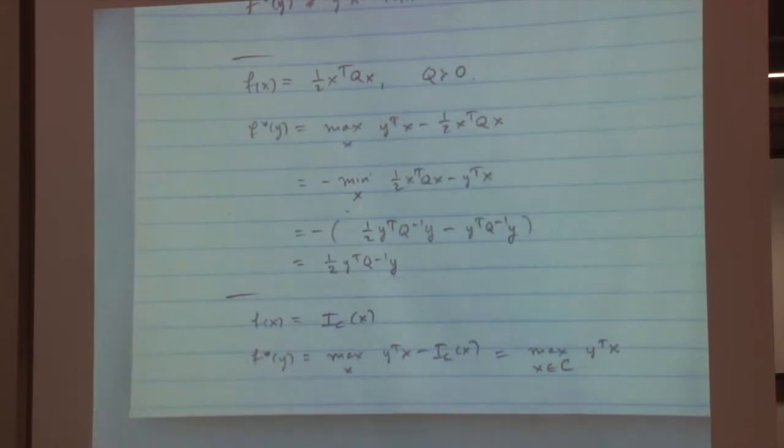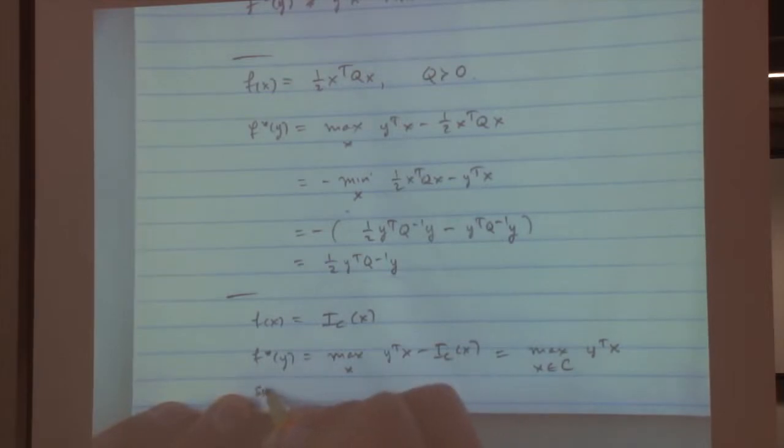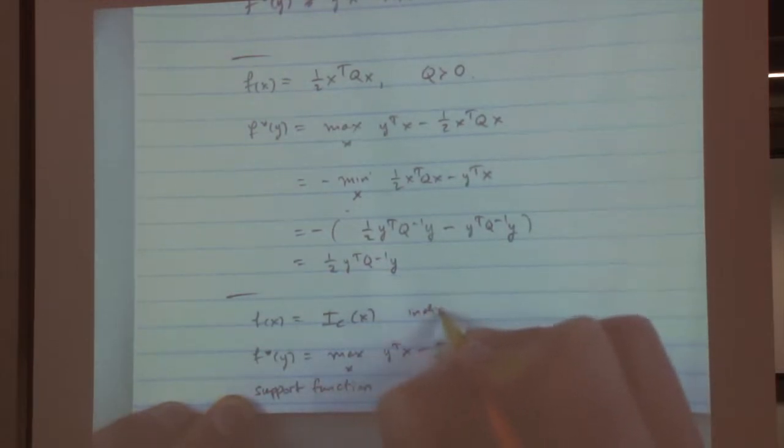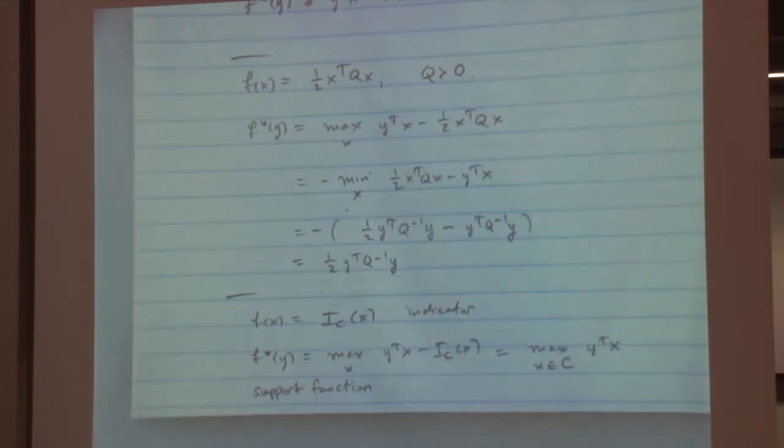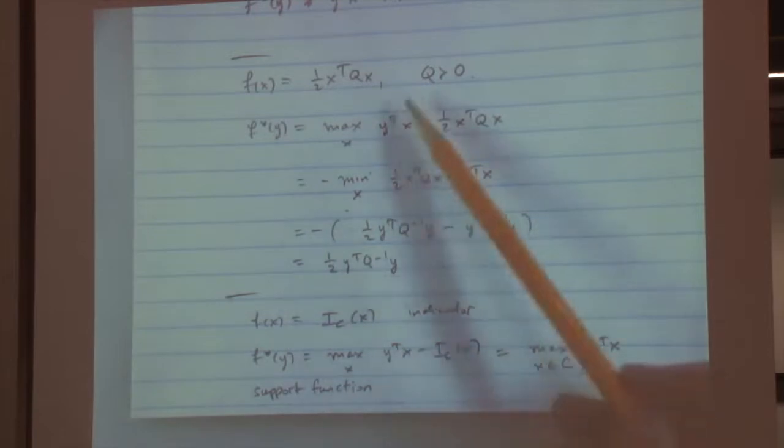So that's not closed form, but that's about as good as we're going to get for just a generic indicator function. This is called the support function of the convex set C, if we start with the indicator function. Okay, both of these functions are closed and convex.